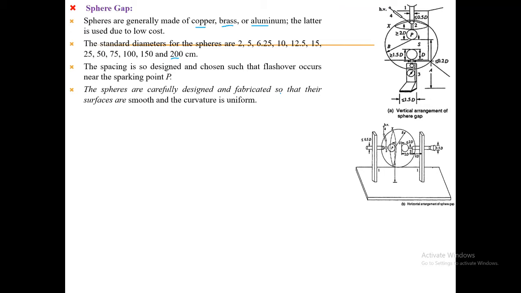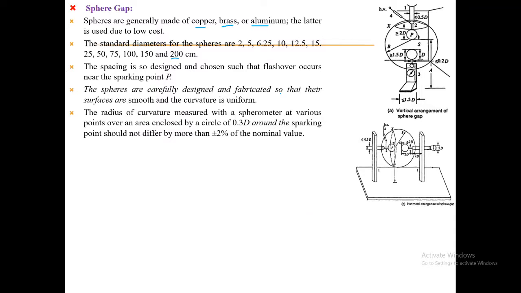So to keep the field uniform between the two spheres, the sphere surface must be smooth. The radius of curvature is measured with a spherometer.